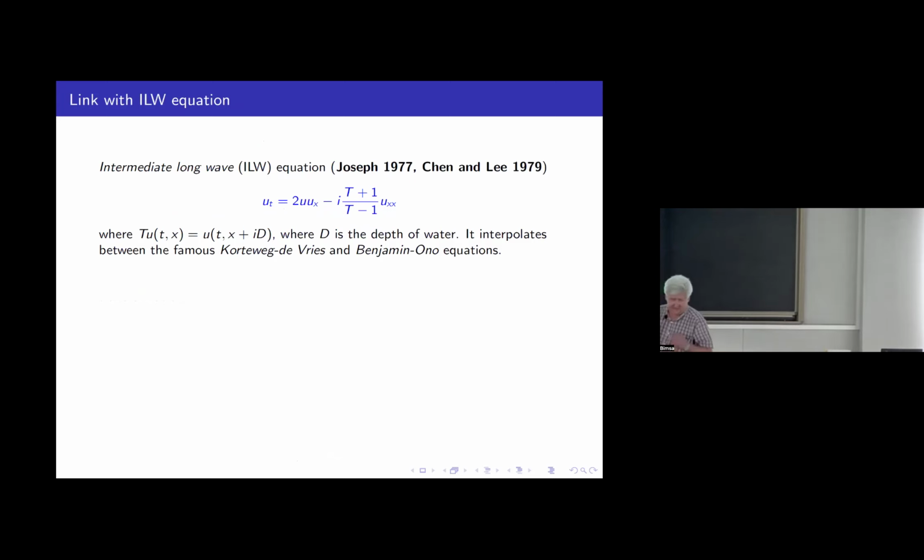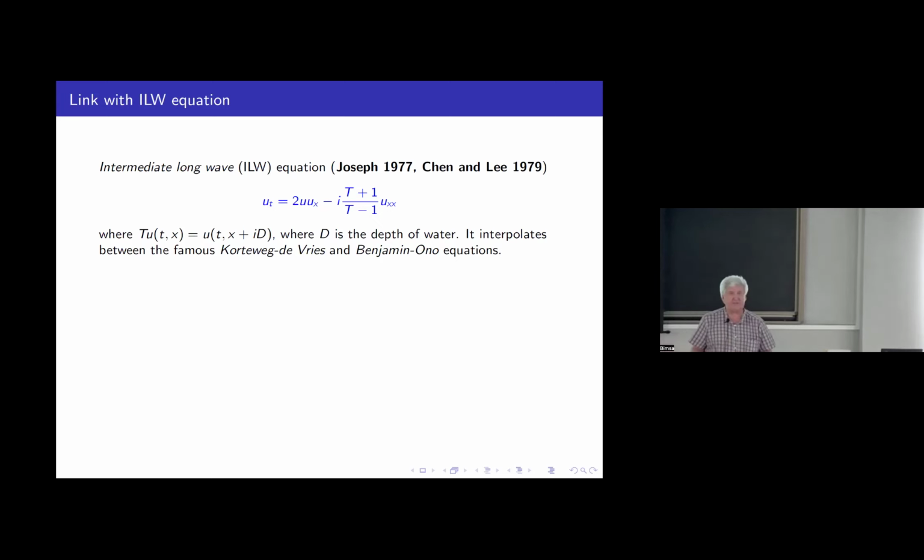Finally, I'd like to mention that delay Painleve equation has another origin. There is a fundamental intermediate long wave equation which interpolates the Korteweg-de Vries equation, which is shallow water, and Benjamin-Ono, which is infinite depth.